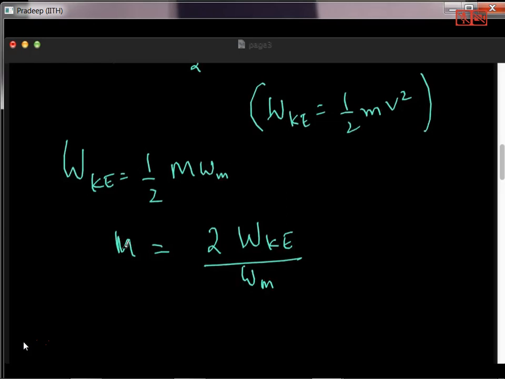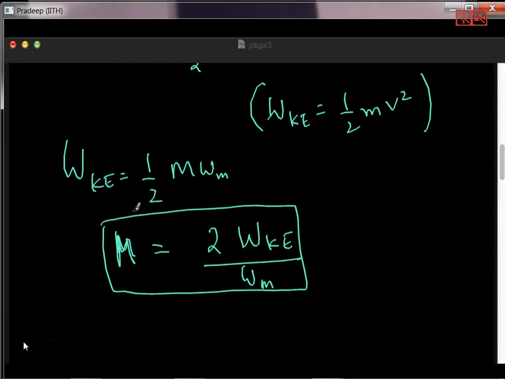So this is my definition of M. We will come to it when we take up some example problems. So this is joules second per mechanical radians.